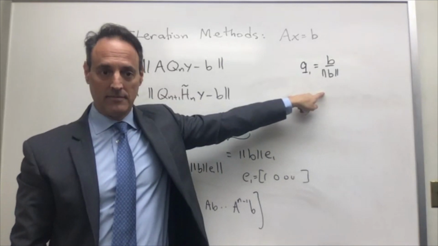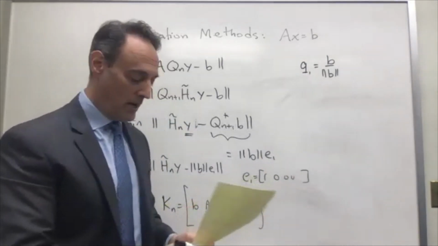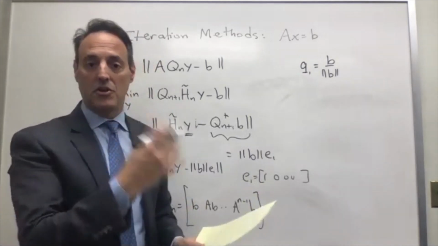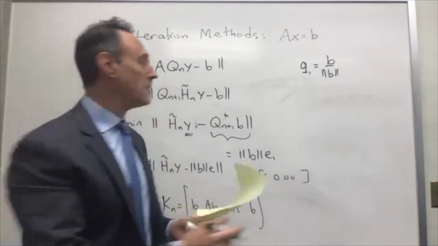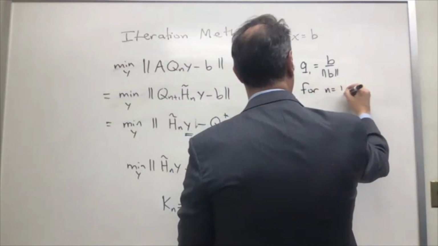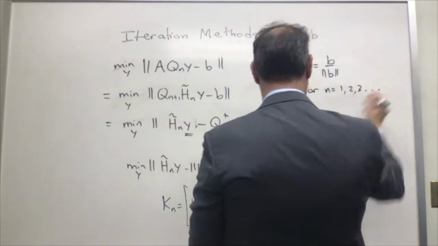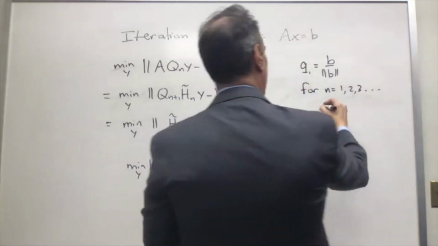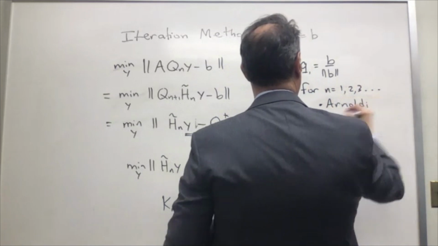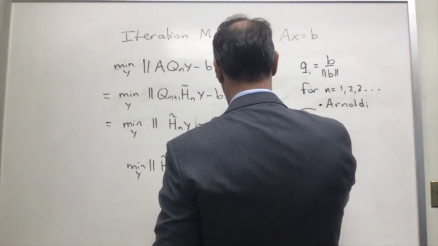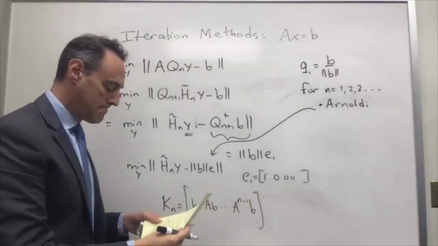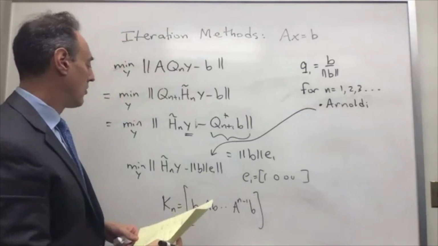Okay. Now what do I do? Well, I've got to go get all the other vectors and start this process n times. So for n equals 1, 2, 3, and so forth, first I do Arnoldi, which is this guy right here, the nth step of the Arnoldi.